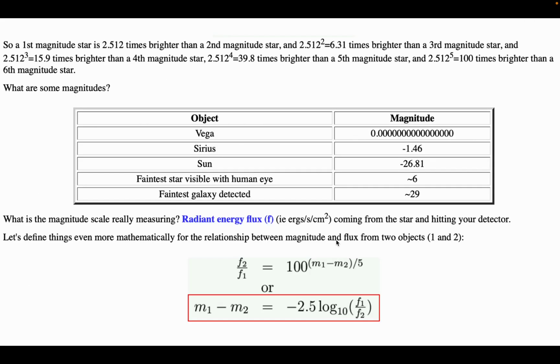So a first magnitude star is 2.5 times brighter than a second magnitude star, and 2.5 squared, that is 6.31 times brighter than a third magnitude star, and 2.5 to the power 4, that is 40 times brighter than a fifth magnitude star, and 2.5 to the power 5, that is 100 times brighter than a sixth magnitude star.